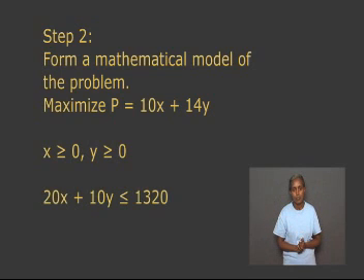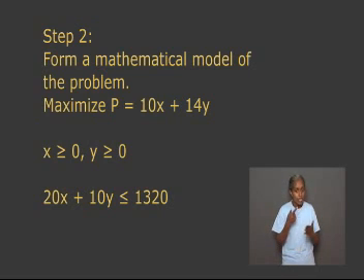The second inequality is 20x plus 10y is equal to or less than 1,320.